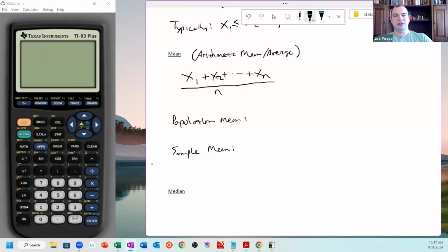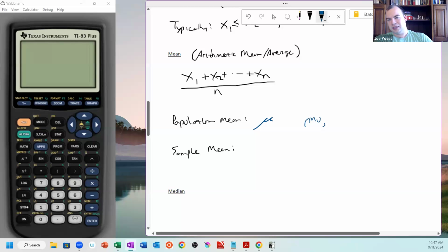These have notation that refers to them. The population mean's notation is a Greek letter. It's probably more properly called mu, but everybody calls it mu, like M-Y-O-O, maybe so we don't sound like cows when we're talking. And it kind of looks a little bit like a U with a tail at the bottom.